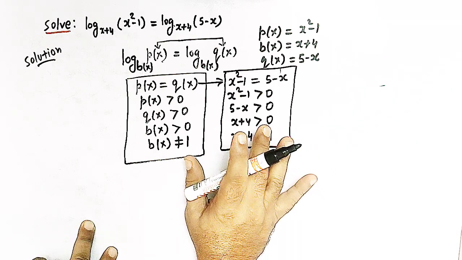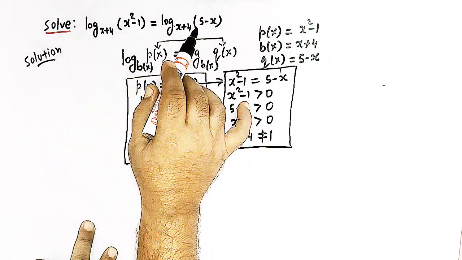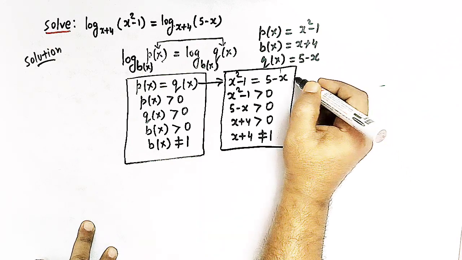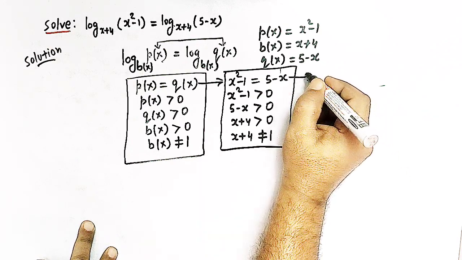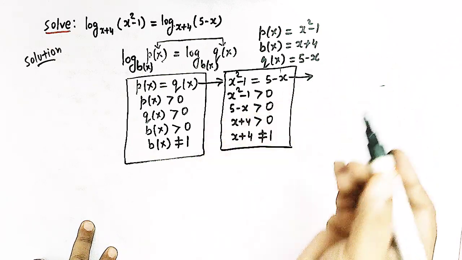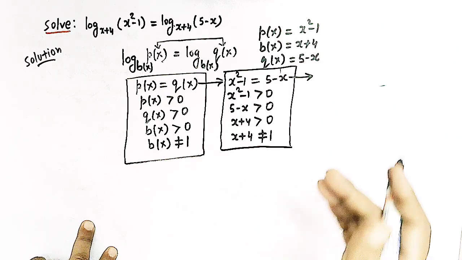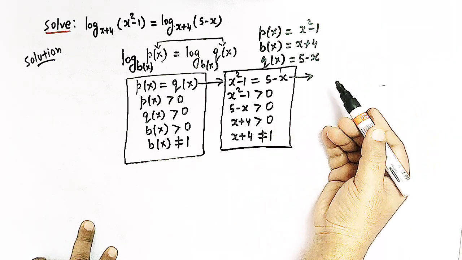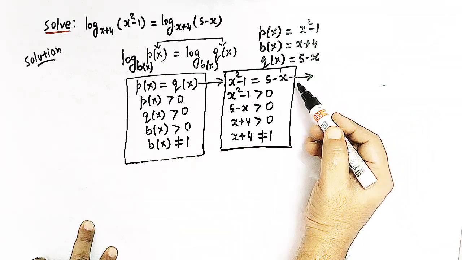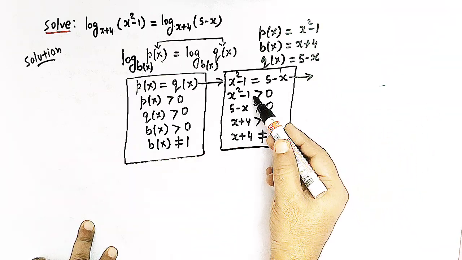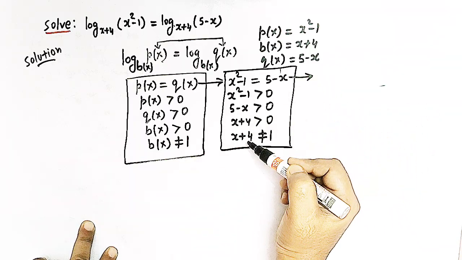So the idea behind solving this kind of logarithmic equation is to first solve this equation and get the values of x, right? And then we can verify whether the obtained values of x satisfy these conditions, right?